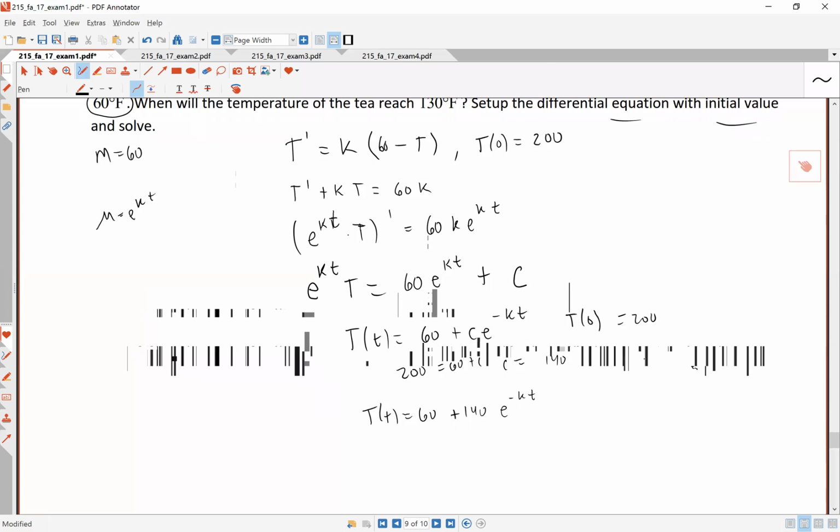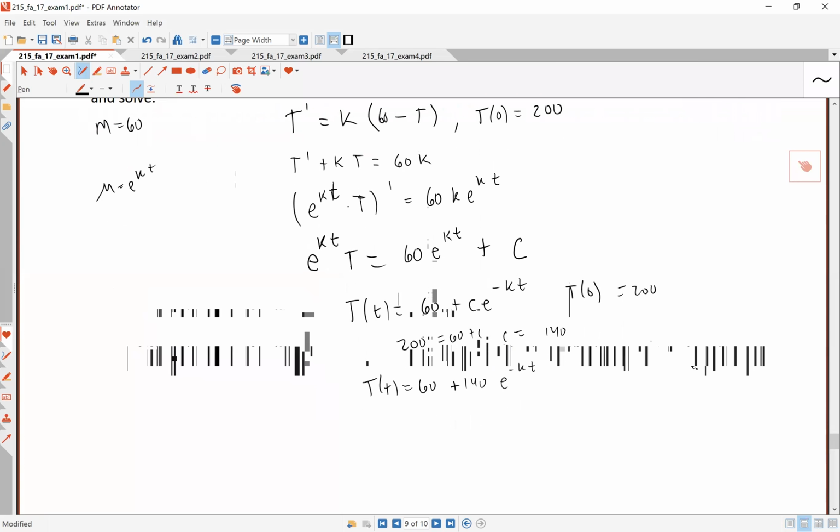Okay, now we just have to find k. And so that's found by knowing that after 6 minutes, we're at a temperature of 170.